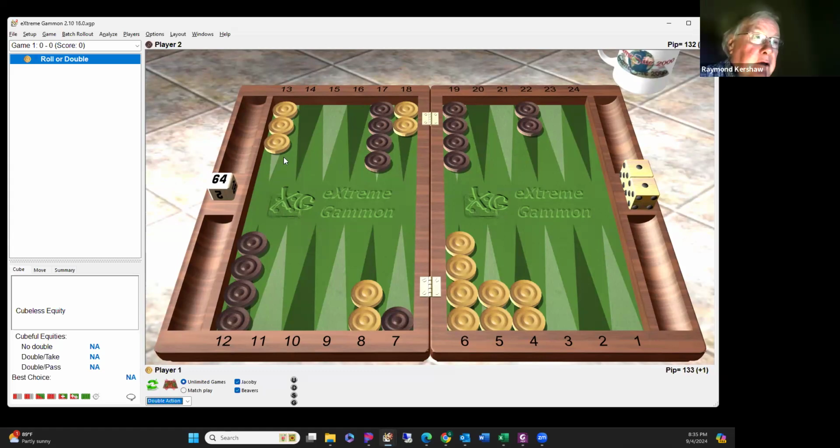And white can get double 5s with black on the bar. Double 6s are pretty good too. You're going to hit and probably make the 2-point, I'd guess. Double 6 is your best roll, yeah.